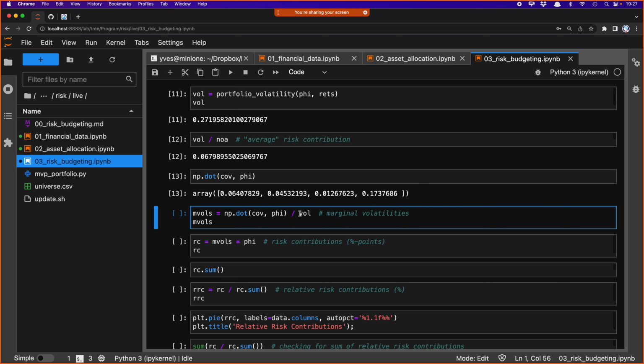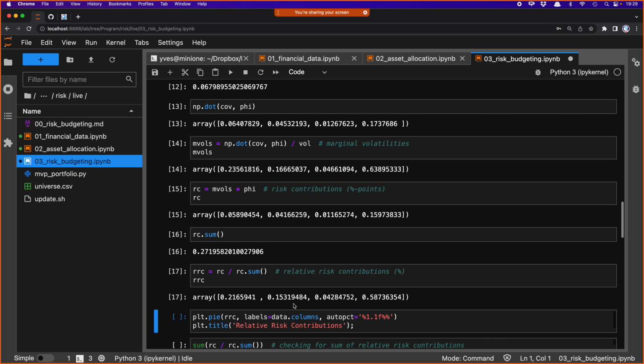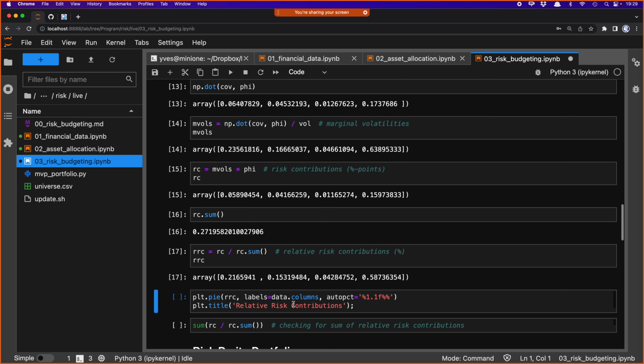So something like 15 times as large, the one risk contribution in percentage points compared to the other. When we take the sum of these numbers, that's the key, the clue. The sum of these numbers gives us 27.2%. And equipped with this number, we can now calculate the relative risk contributions, which then add up to 100%.